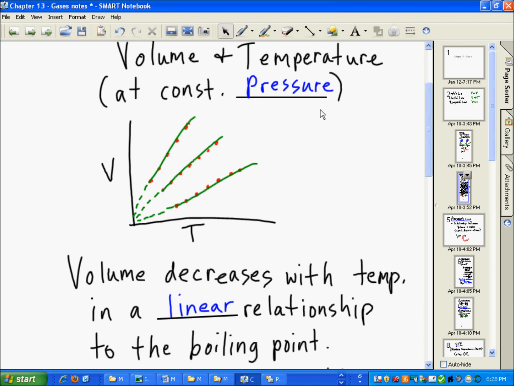For a given pressure and a given number of moles, if you hold those things constant, the Charles' law constant will stay the same. But if you change the pressure or change the number of moles, then the constant will change. So it's constant for a given set of conditions, but if you change the conditions, then it will change.